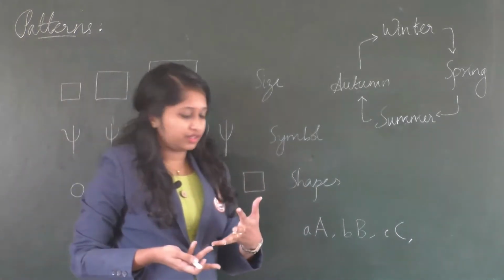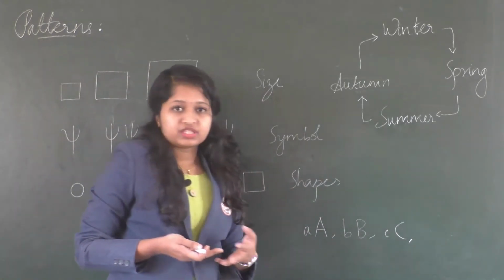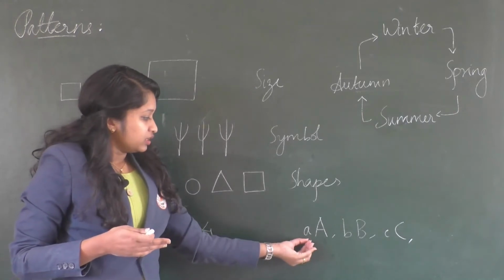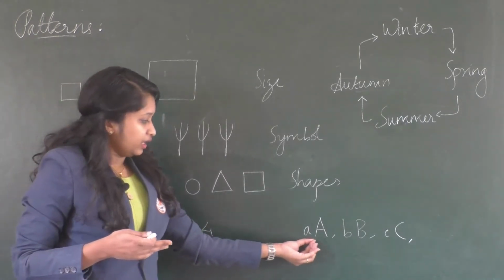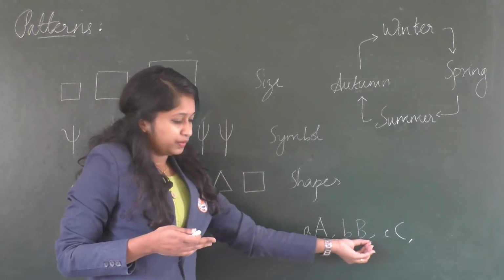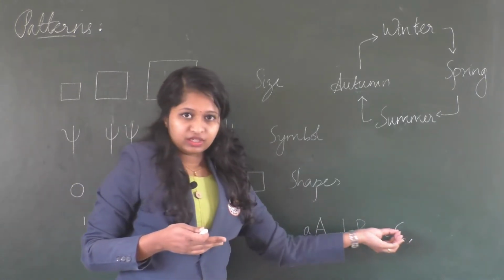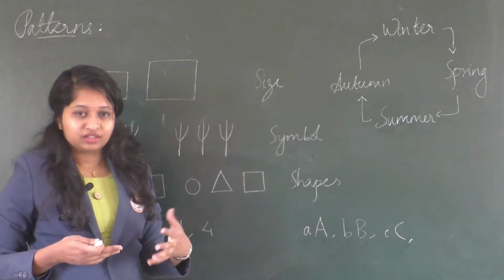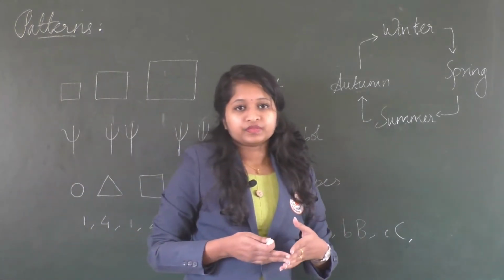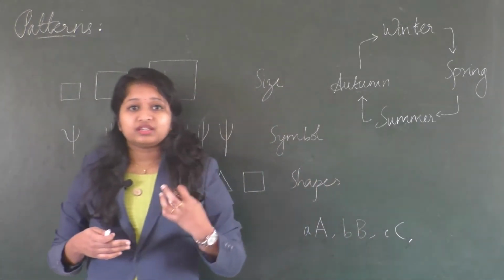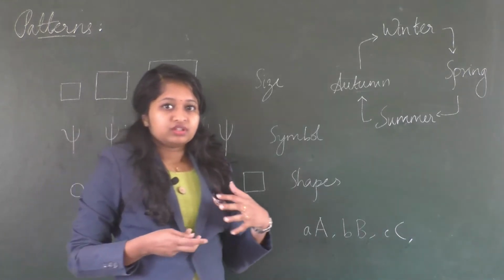So there is a pattern there. If we see alphabets, there is A, B, B, C, C, and next will be D, D, E, E, like that.